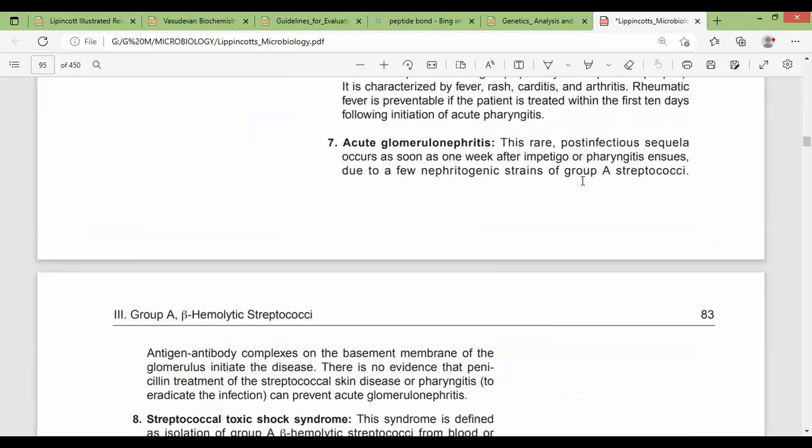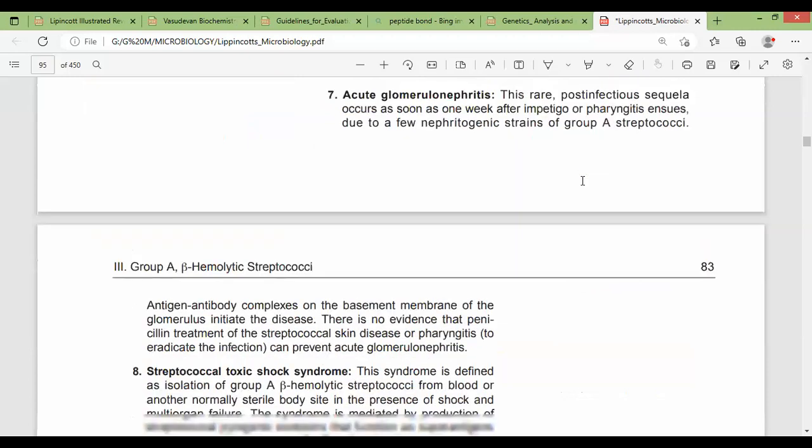For example, a child was sick with just a sore throat, and a few weeks later the child is having kidney failure. Acute glomerulonephritis, streptococcal toxic shock syndrome, all of these things.